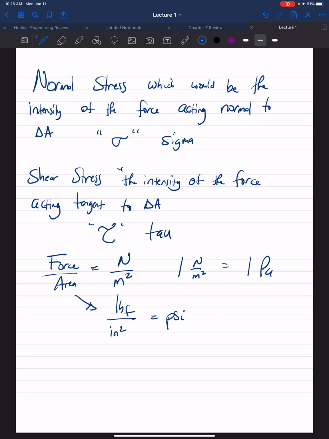You can also have kilopounds per square inch, kilopounds, KIP, over inch squared, which would then be abbreviated as KSI.